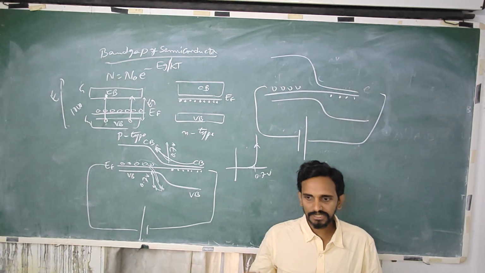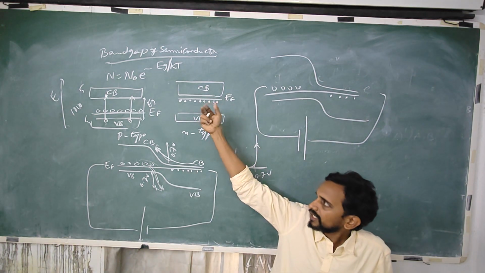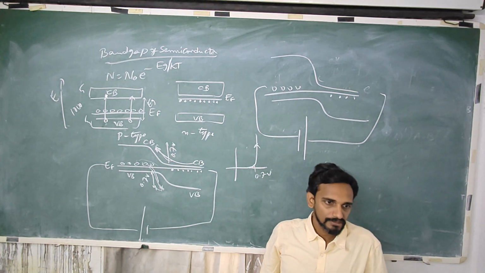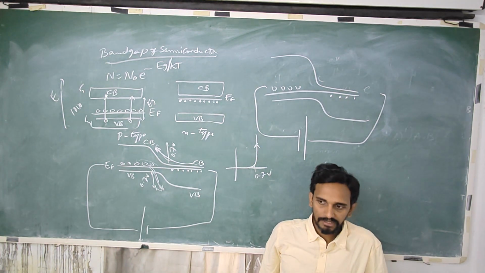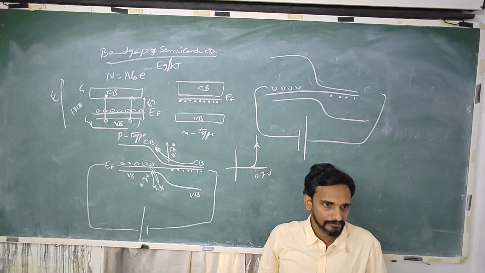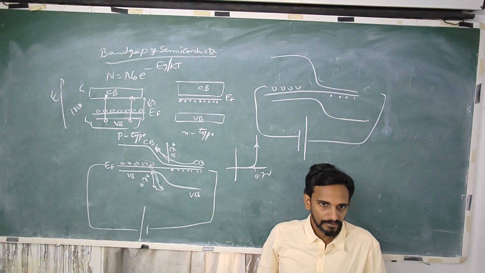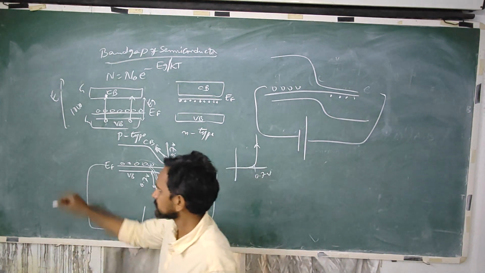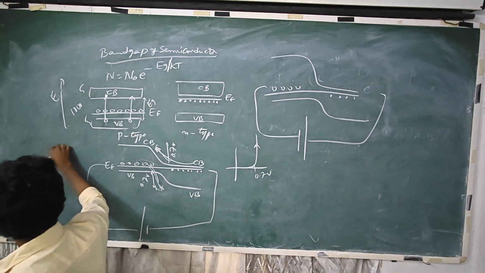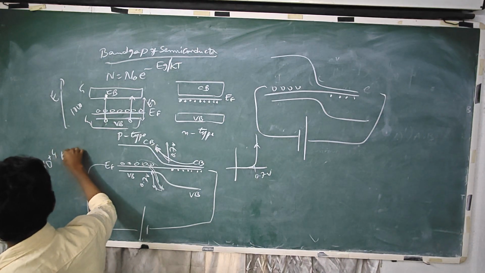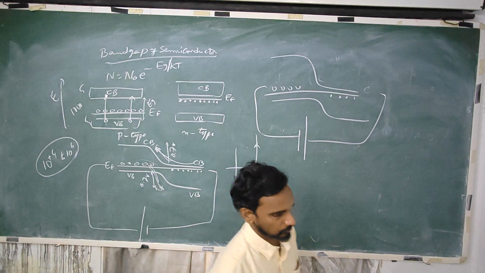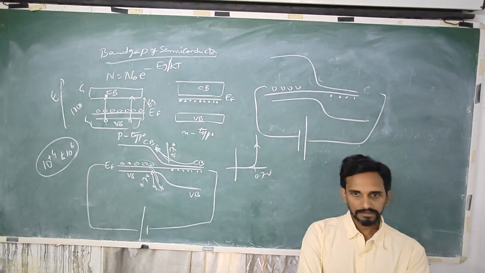So 1 in 10,000 silicon atoms are replaced by aluminum, let's say, or gallium. So doping concentration varies from 10 power 4 to 10 power 6. So 1 in a million or 1 in 10,000.